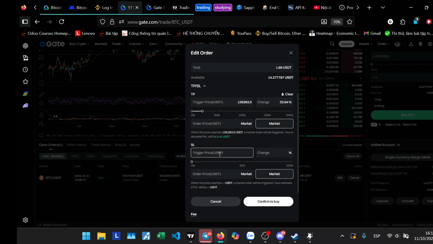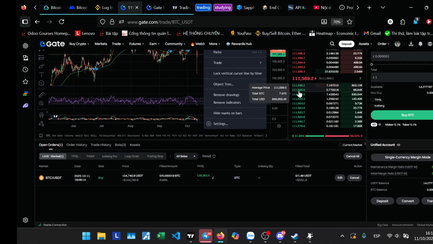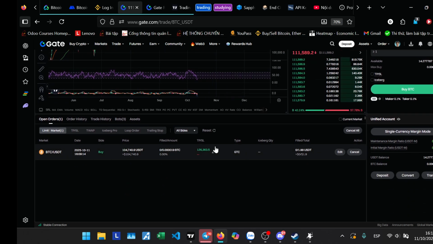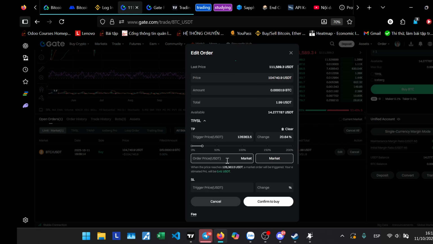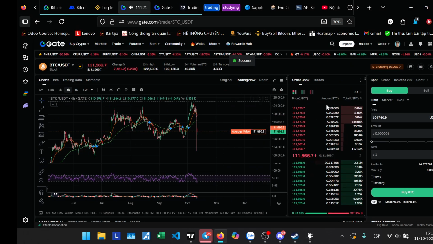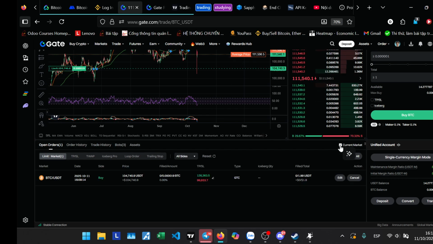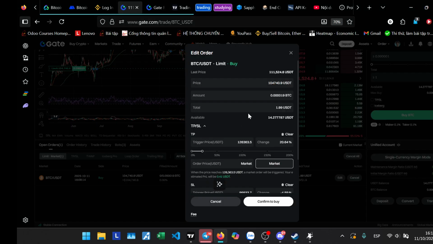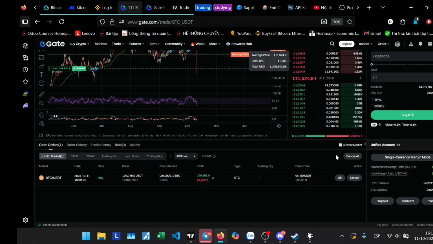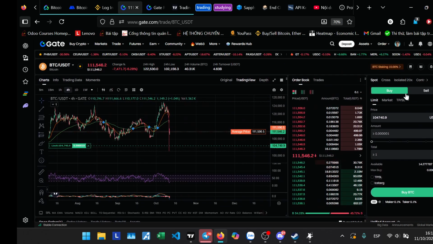Stop loss is at, let's say, maybe you are more conservative, at 9 cents. So this is the TP and stop loss order. I will just leave it there for the sake of the video.